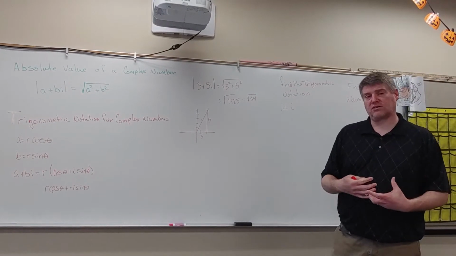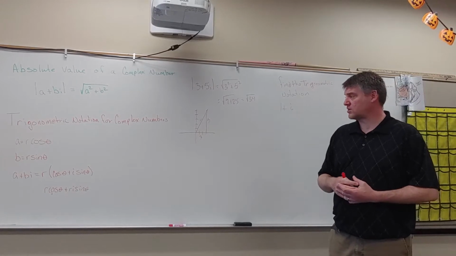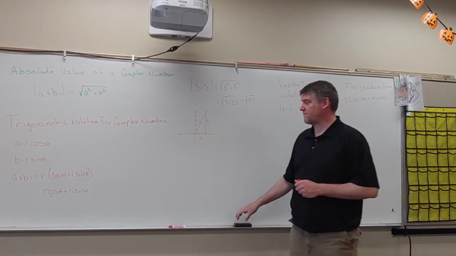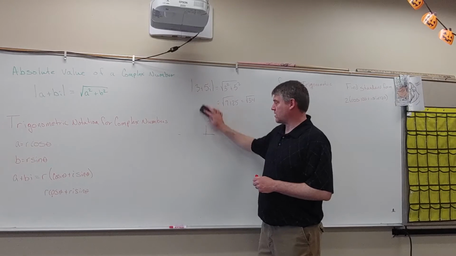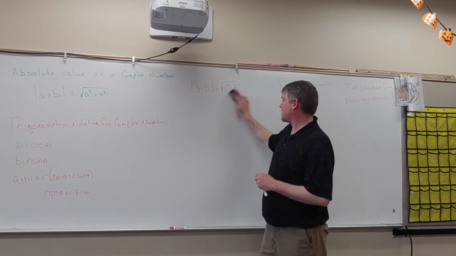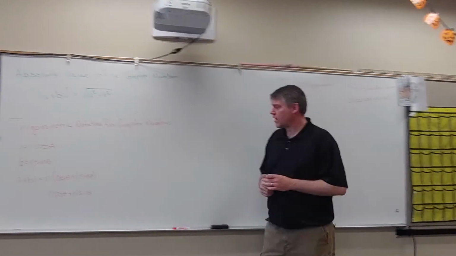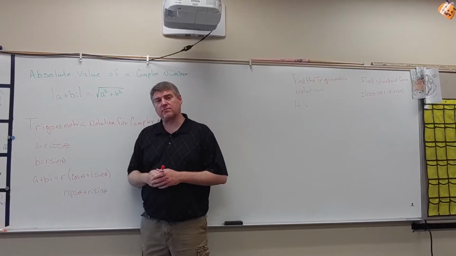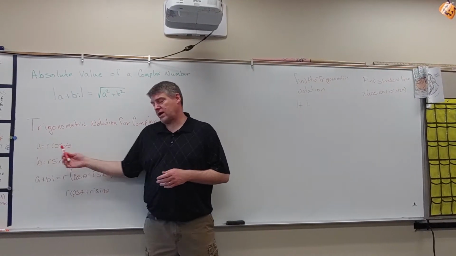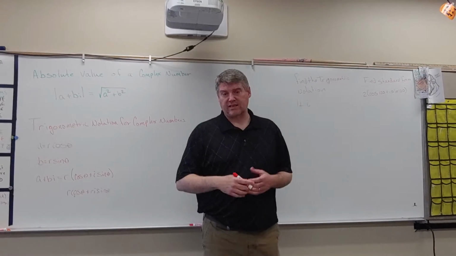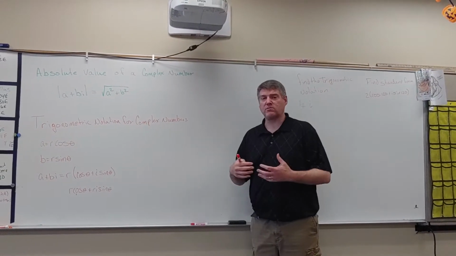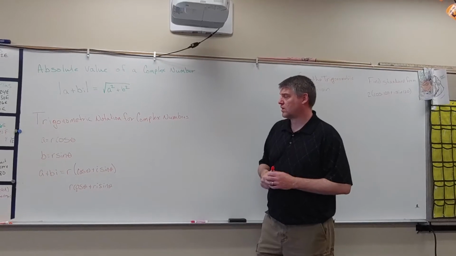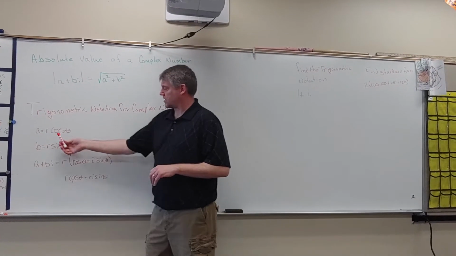So we're actually going to use trig functions here to find our a and b. Remember, our complex number is a plus bi. So a is equal to r cosine theta, because in our graph, a was our x, and x is equal to r cosine theta.